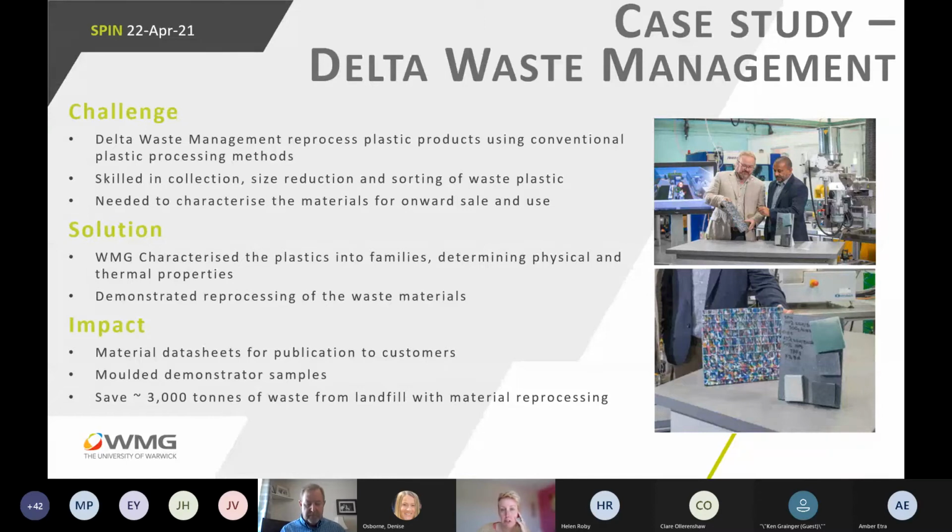We also used our injection moulding equipment to reprocess some of the plastic, and generated some samples for Delta Waste Management. So they could then take these samples out to customers, and it's a lot easier to see a product and to talk about something to help generate sales.